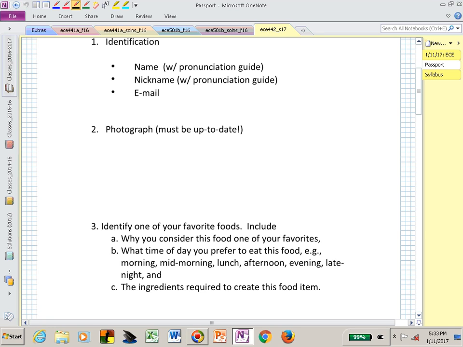In response to listing that food item, I would like you to tell me why that's your favorite food and when you like to consume it. Maybe it's best in the morning, maybe it's best at late night, I don't know. And the ingredients. Maybe it's something I haven't ever heard of, so you need to give me the ingredients so that I know what you are referring to when you tell me this is your favorite food.